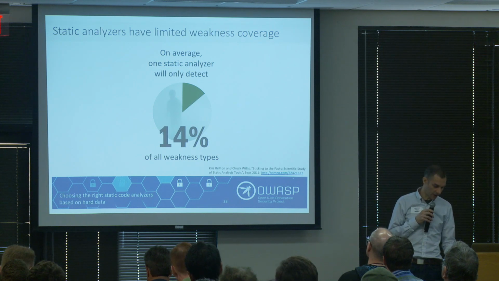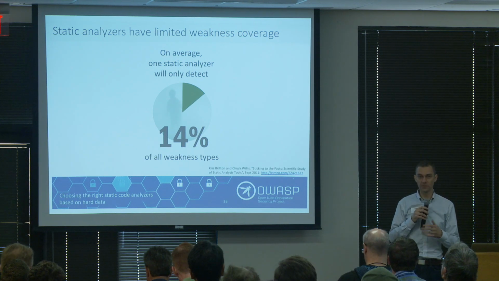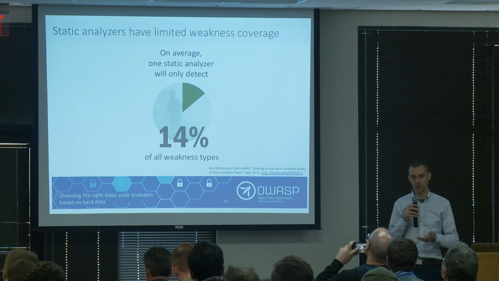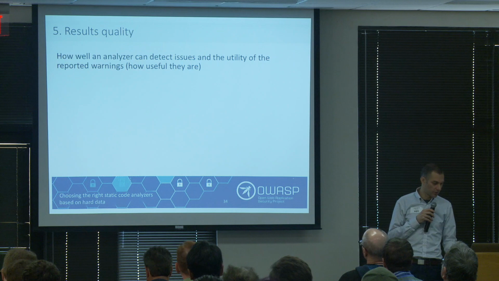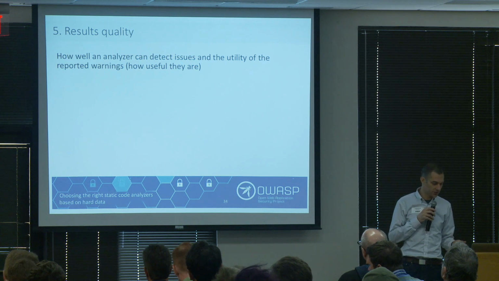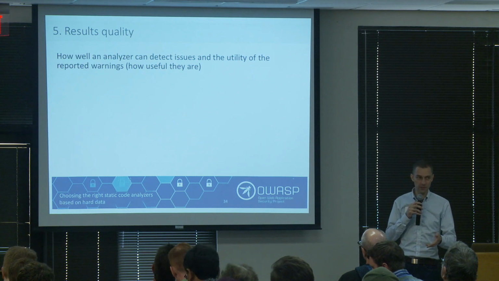But there's this idea of coverage, and it's weakness coverage, like the types of weaknesses that exist in your code that you want to be able to find. And then results quality, which is how well it can detect those issues, and then how useful those issues are to the people who need to consume them.